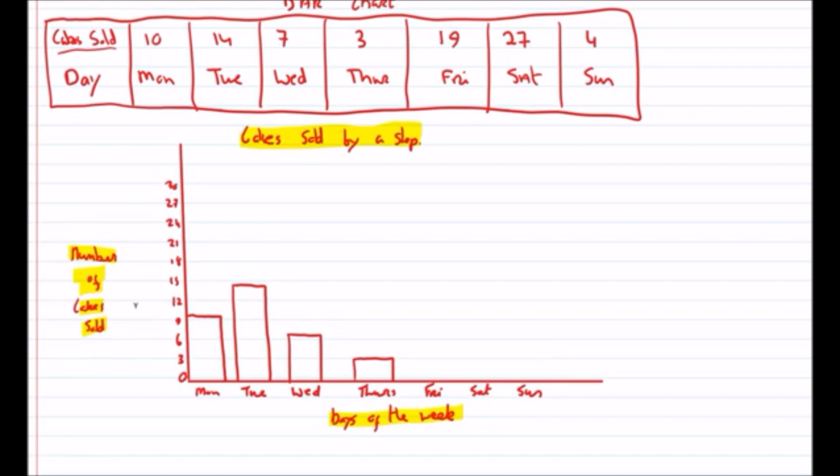Friday 19, on Saturday 27, and the bars again, as I said, they should be drawn with a ruler. They should also be the same distance apart and the same width, but for time's sake I'm not going to use a ruler. Okay, and that's that done.